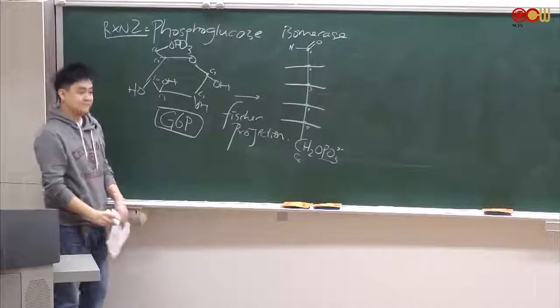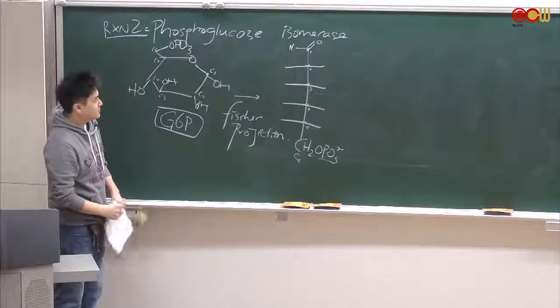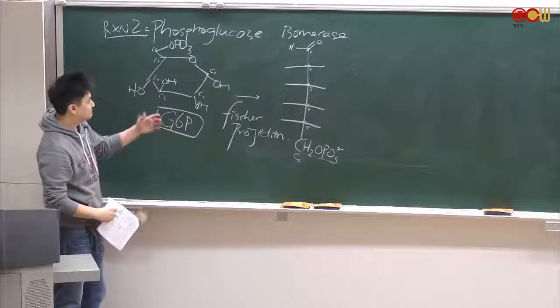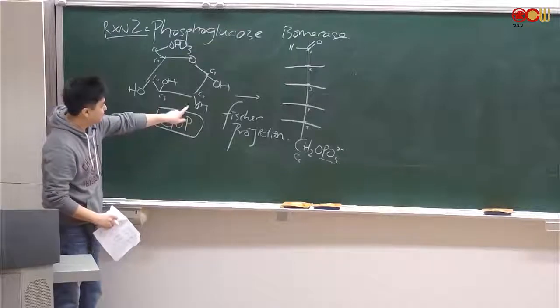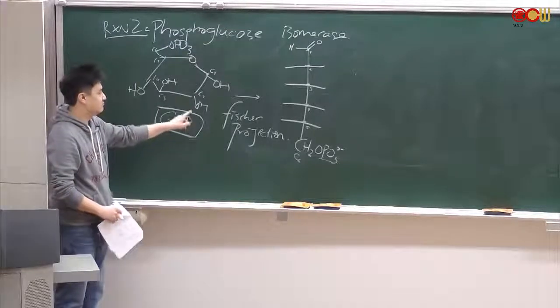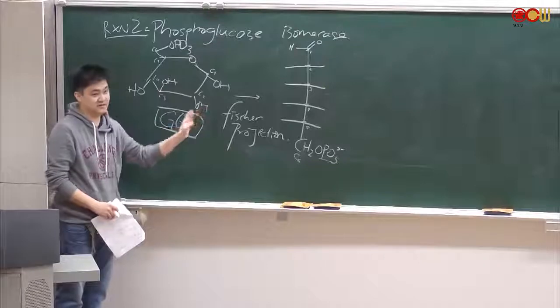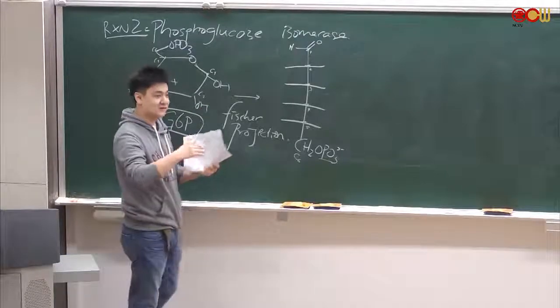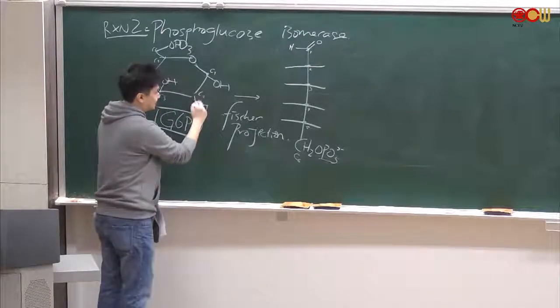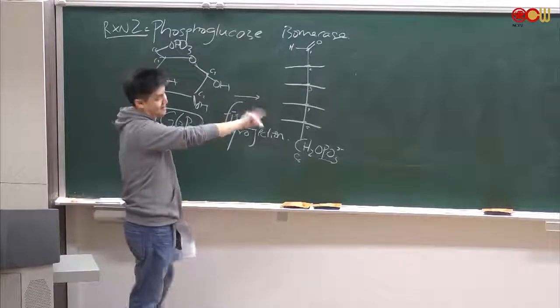All right. So my question for you then is, C2 is here, right? The OH is going to be on the right side or the left side? It's going to be on the right side because anything that's pointing down is going to be on the right.